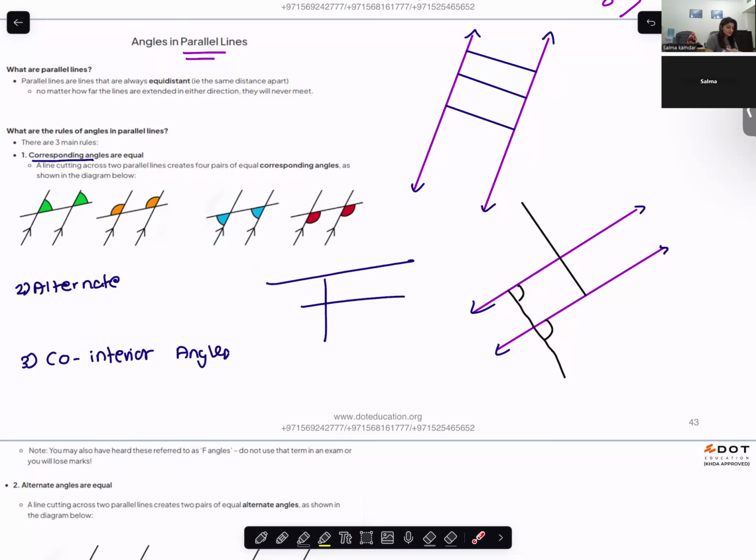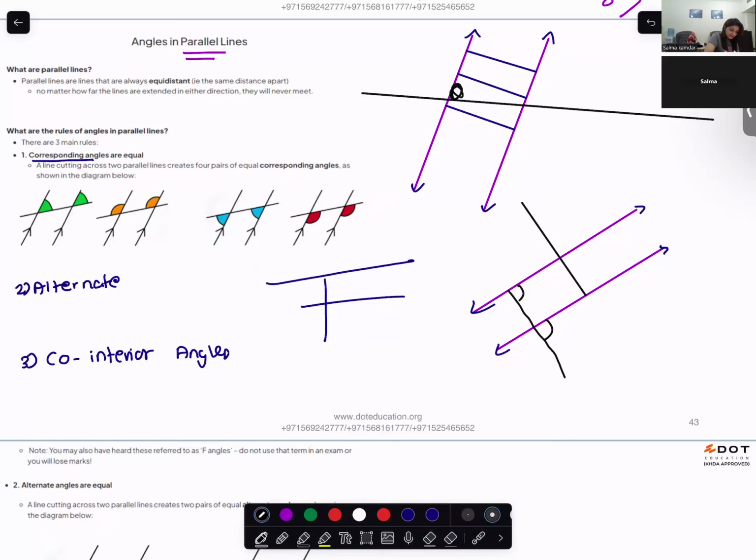So if you had these two parallel lines like this, these two angles are corresponding angles. These two angles are corresponding angles. Anywhere you can take. If I take a line vertically which goes over here, then this angle and this angle are corresponding angles.